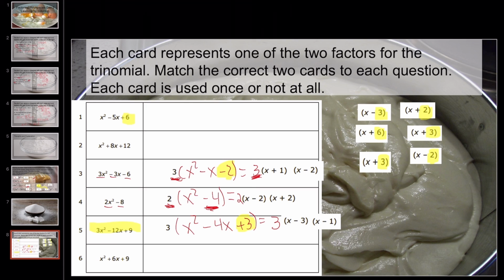Which of these numbers can multiply together to make the number 6 in the end? Which of these numbers can multiply to make the 12? Then you're going to drag them where they go. You're going to multiply them and see if they work. You're going to be using your undo button a lot. Good luck.